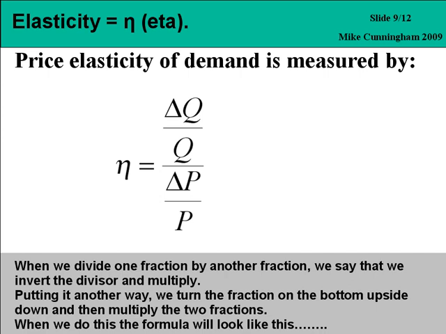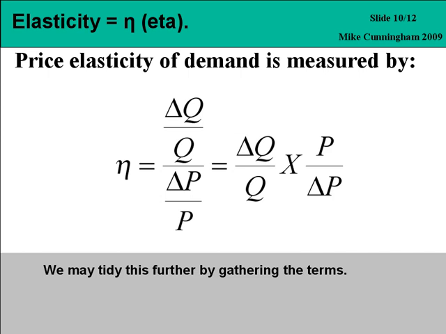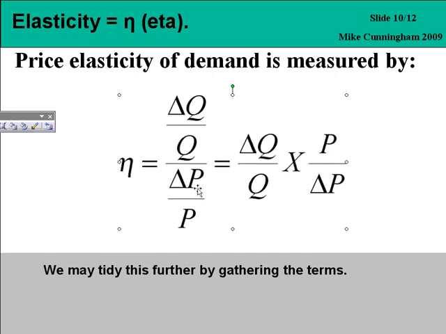And if you remember back to early school days, when you divide one fraction by another, you simply turn the denominator, this one here, upside down and multiply. And there it is, upside down. This one here, turn it upside down and multiply.